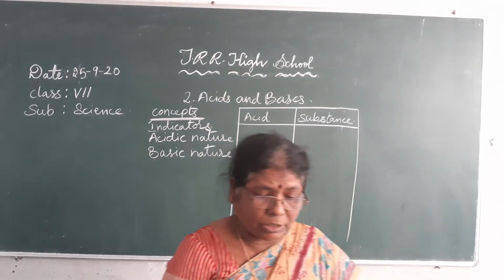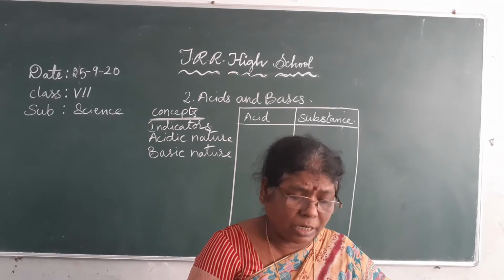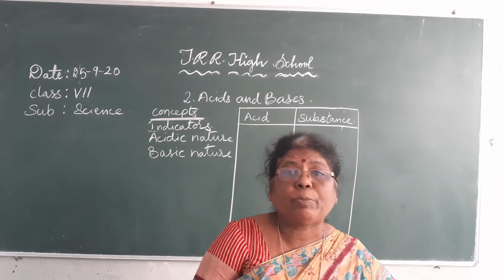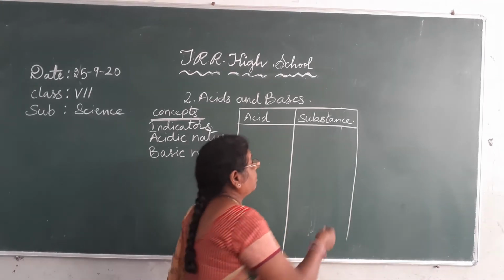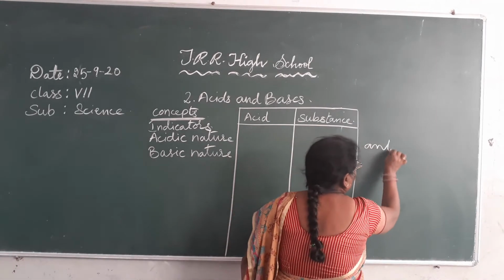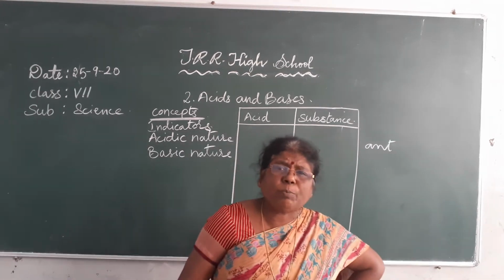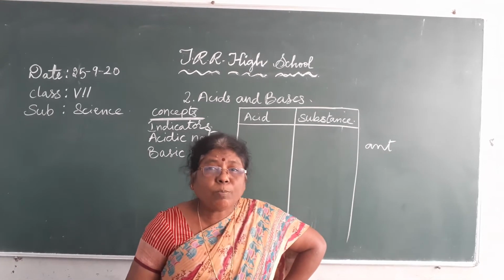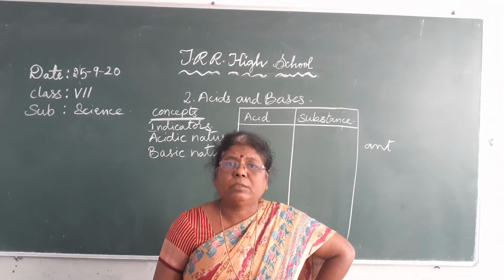Now, acidic nature, already we experienced what happens with litmus paper. Now what happens when an ant bites you? When a red ant bites you, how do you feel? You feel a burning sensation, and that spot becomes red.